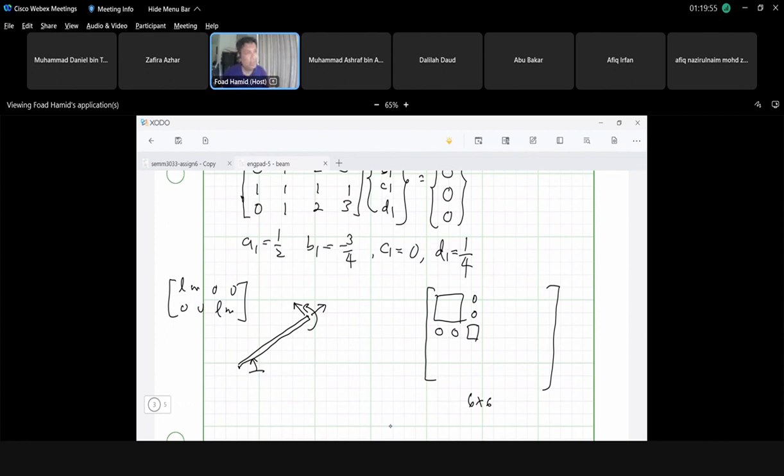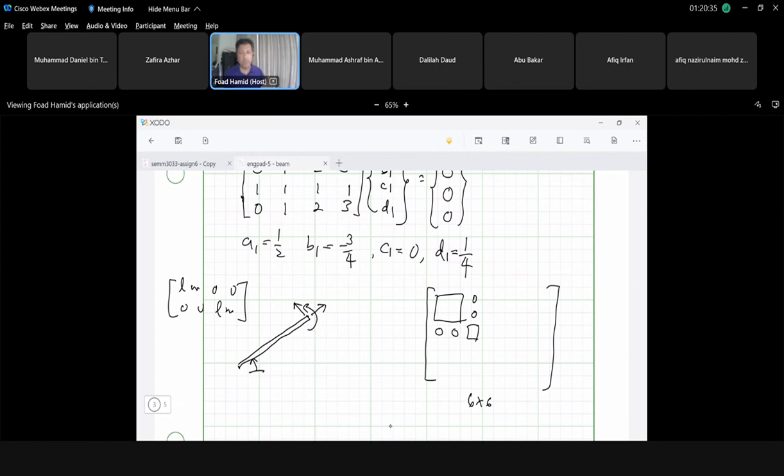But just note, the approach is the same as your bar element, but the level of difficulty becomes harder and harder. So this is my recommendation: please make sure you really understand your bar element. That is one of the reasons why we have the question in test 1. If you notice there are no numbers, everything must be solved in terms of A, A naught, L, and E. Why?